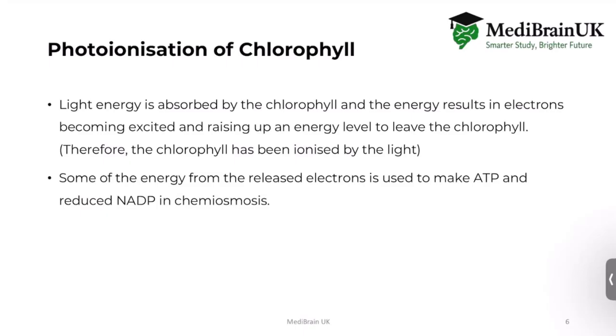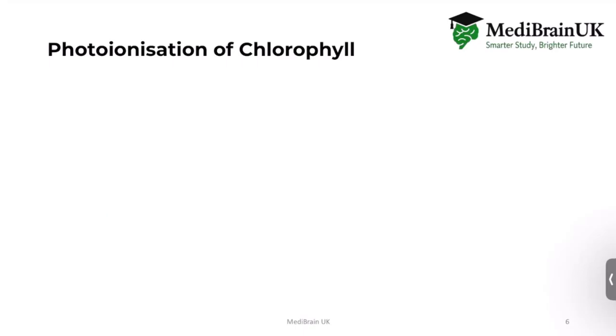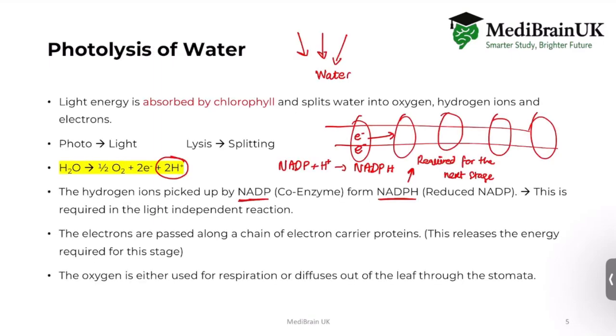Okay, so over here we're saying that the electrons are jumping across the carrier proteins that are embedded within the membrane. Where do they get that energy to jump across? They get that energy from the light that the chlorophyll has absorbed.